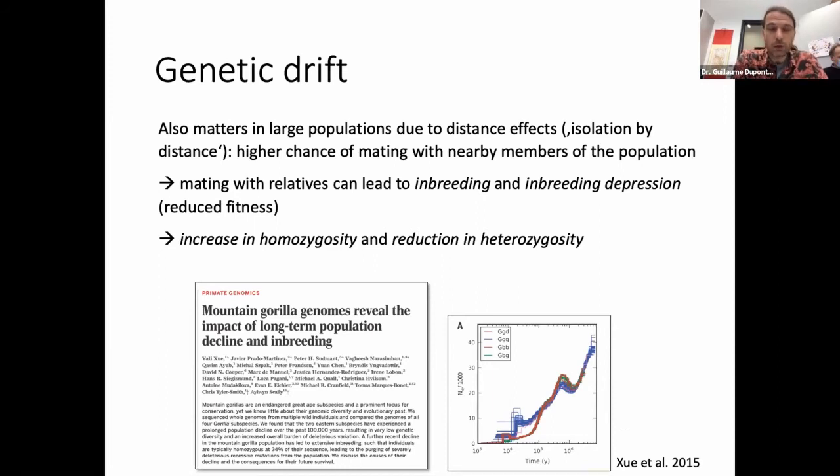But it can also have a large effect on larger populations if they occur over wide ranges, and if, for instance, at the edges of a range, distance alone is a factor that counteracts genetic exchange. So if at the edge of a range of a species some random effects occur, and there's less exchange with individuals from the main population or from the center of the population, then this can also lead to issues.